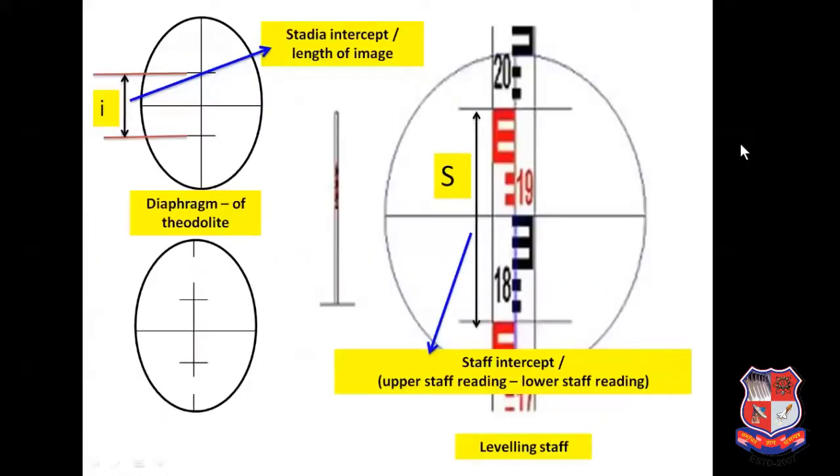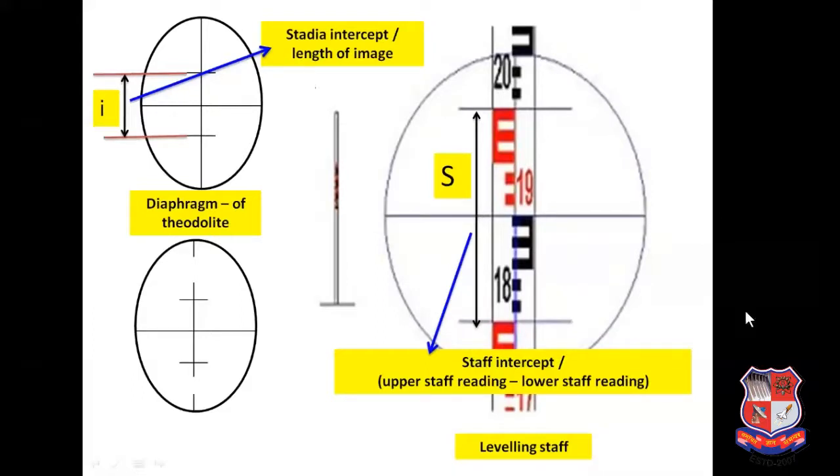Now, let us understand these two terminologies. One is the stadia intercept and second is the staff intercept. You can see here in this figure, left hand side top. So what is the stadia intercept? The vertical distance between the upper horizontal crosshair and the lower horizontal crosshair of the diaphragm is known as the stadia intercept.